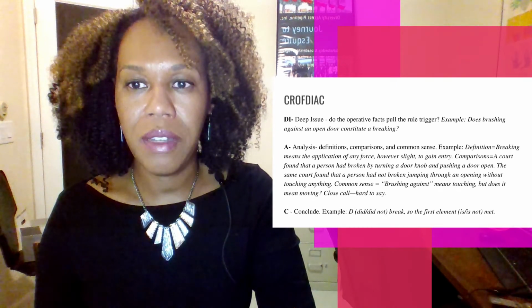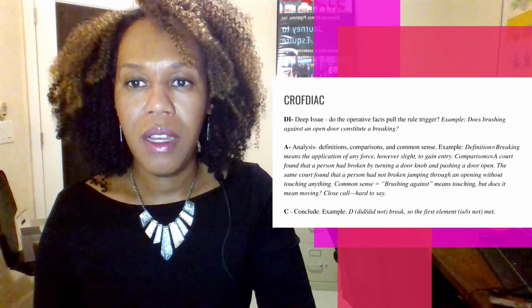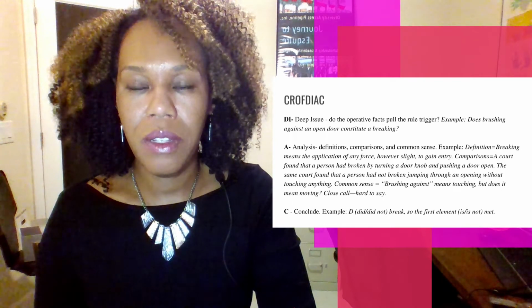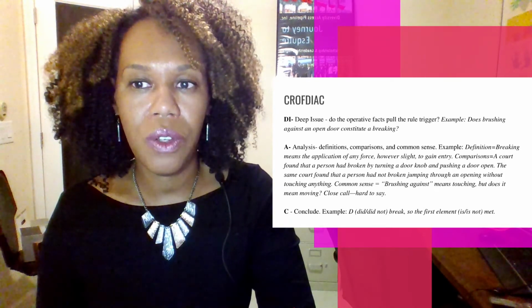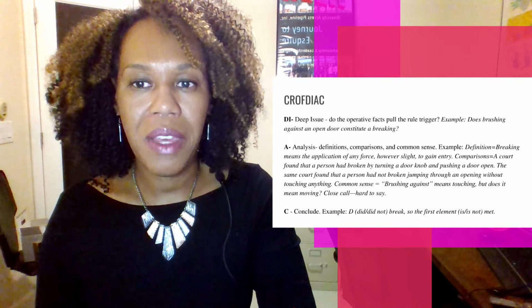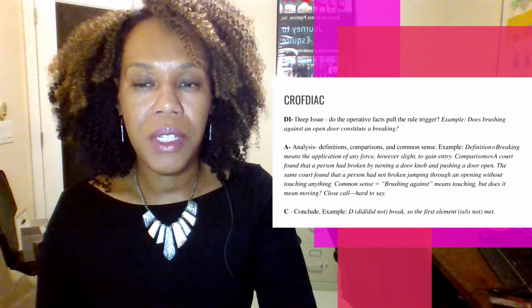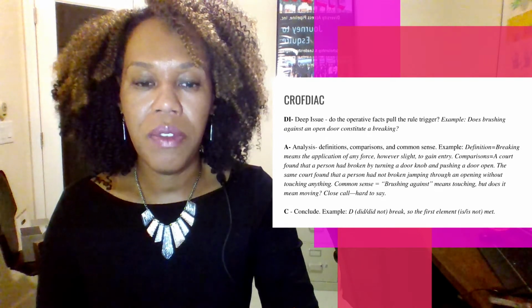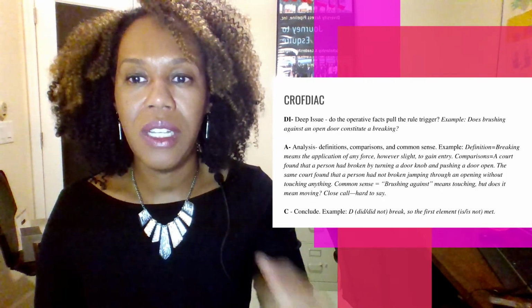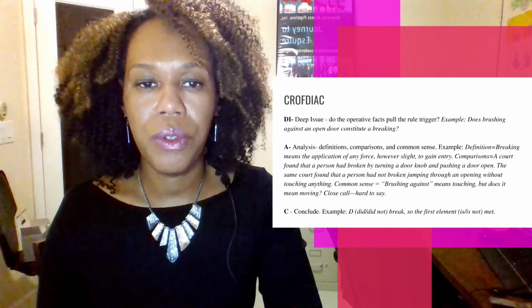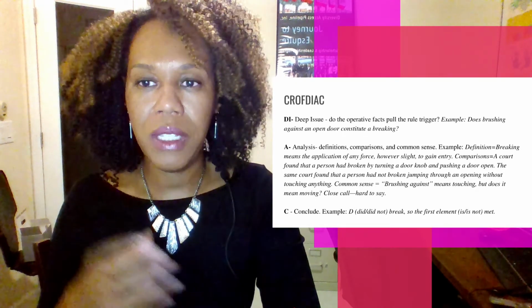It seems obvious at first. Turn the doorknob, push the door open, walk in. Clearly breaking and entering. But here we have brushing against the door, which then leads to it opening. Is that the same thing? Putting an object through the opening of the dwelling, does that count as entering even though your physical body has not gone through? So now you see what the deep issue looks like.